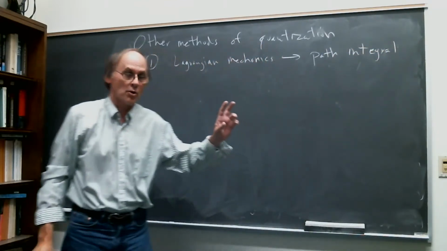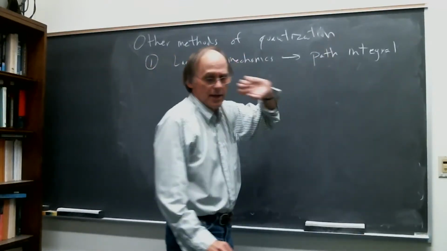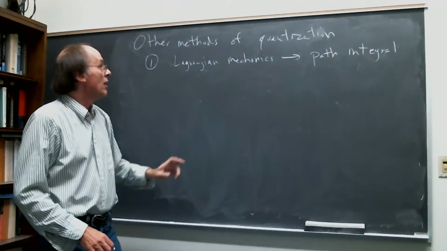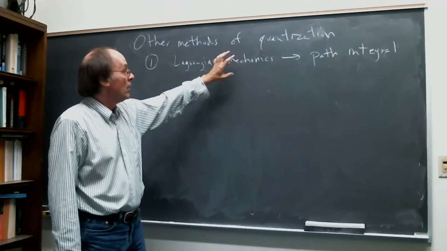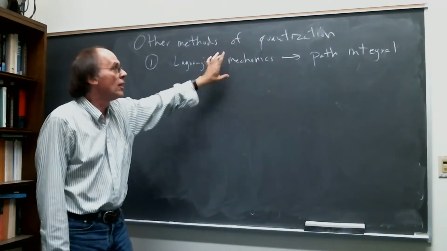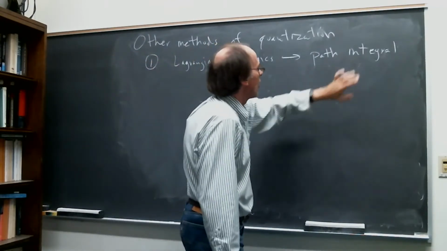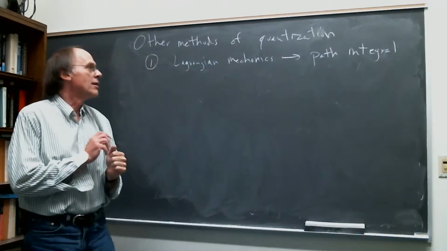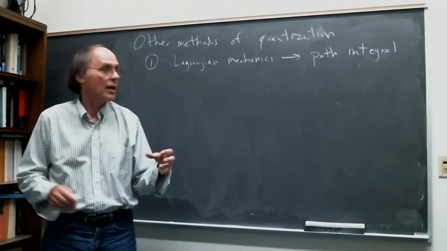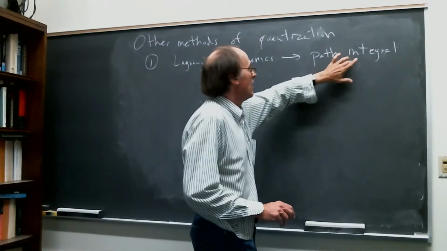If you haven't seen this, I won't say more about it, but the idea is that instead of all the apparatus we've been using, you start with a Lagrangian function or an action functional, and you turn the problem of how to construct these operators into a problem involving an integral.